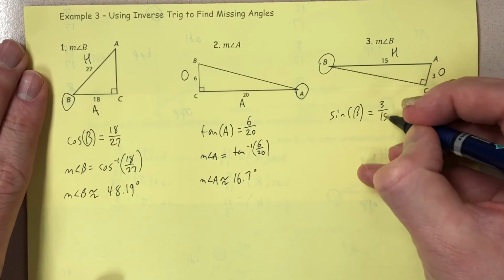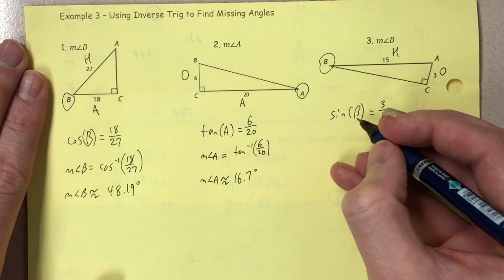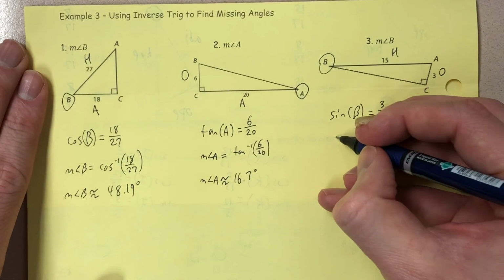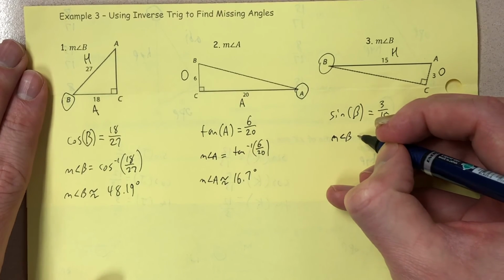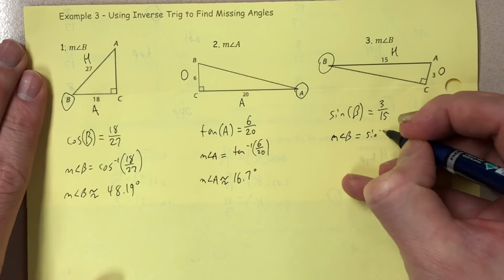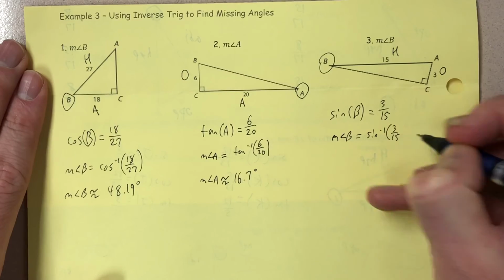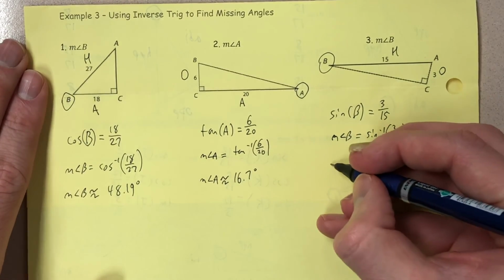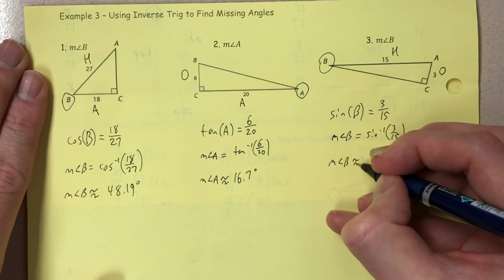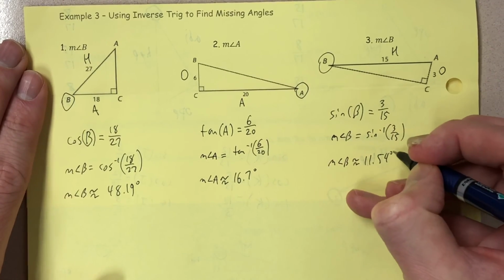So in this case it is 3 over 15. And so the measure of angle B is equal to sine inverse of 3 over 15. Then the measure of angle B is approximately 11.54 degrees.